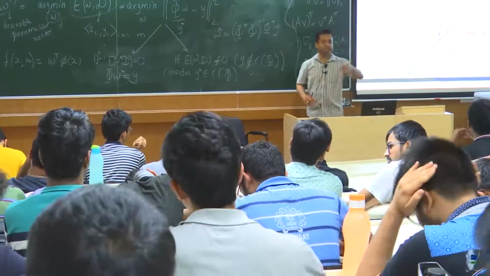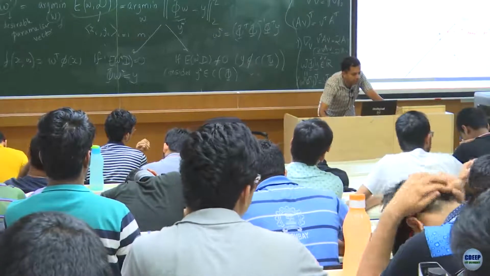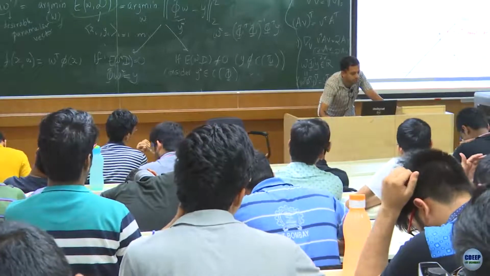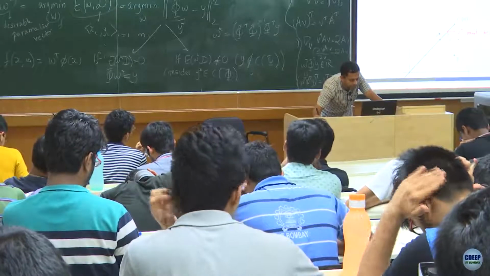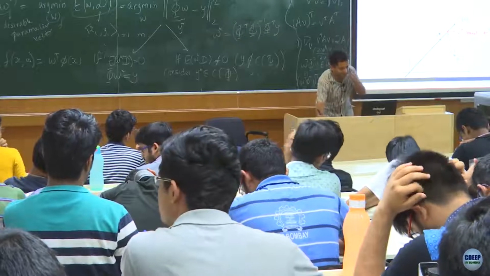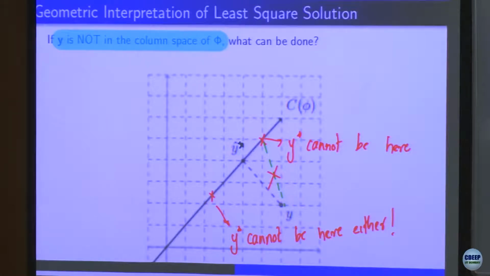If y star is here, what will happen? You have to traverse more distance. You have to walk more to get to y, and that's something you don't want to afford. Likewise, y star cannot be here. The shortest distance from a point to a plane will be based on the perpendicular. Is it clear to everyone?